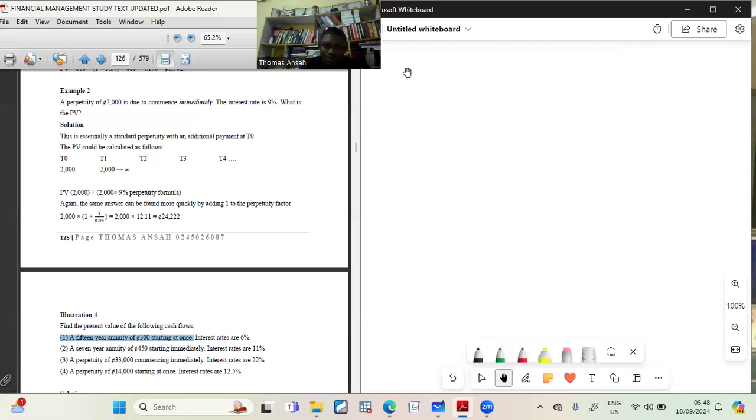You can't write 0, 1, 2, 3 up to 15. There's no need. You do know that since it's starting today, it will shift from 15 and become 14 because it's starting from year 0. And your year 0 will be represented by 1. And therefore, what you need to go in and do is to read your interest percentage for how many years now? 14. That's very good because the 15th one is at year 0.